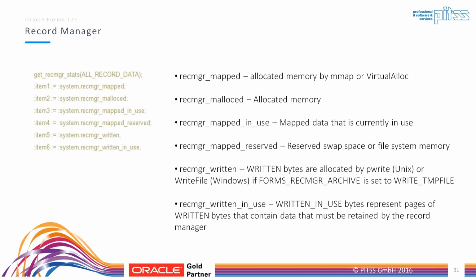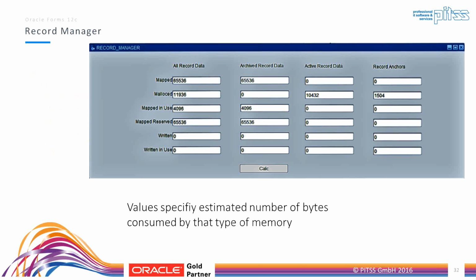But let's have a look now at how that would look. If you create a simple form where you display the values, it could, for example, look like that. The values specify estimated numbers of bytes consumed by that type of memory.